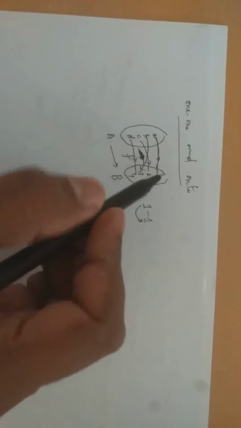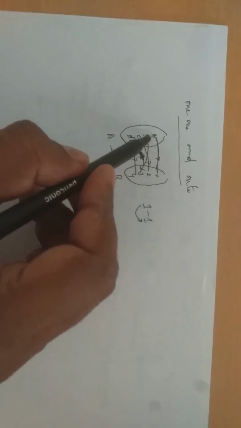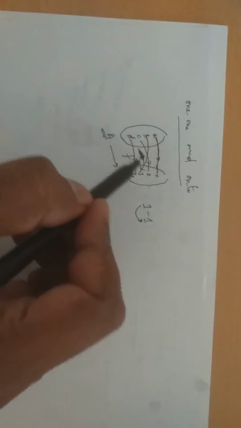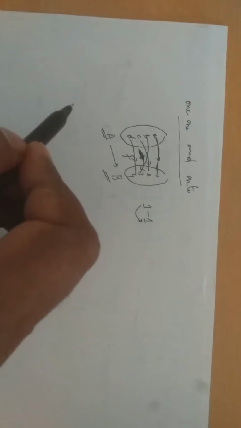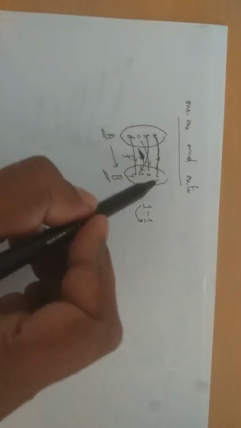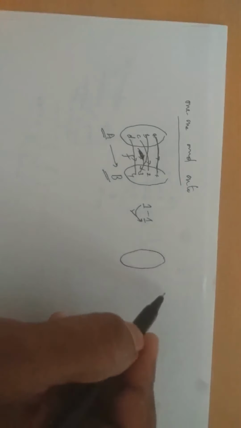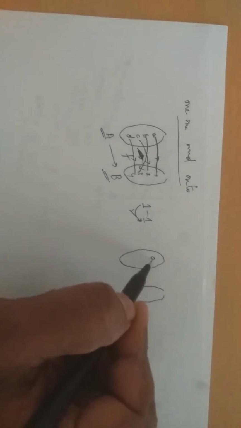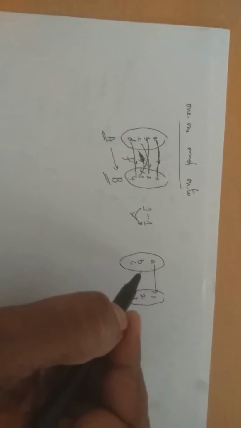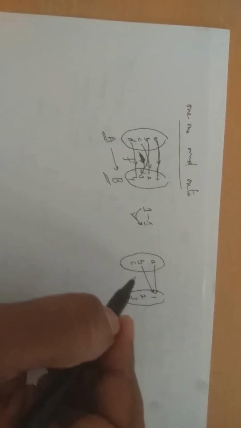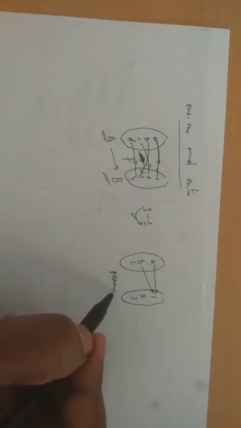So here for every fellow in this first set there is a friend in the second set, and it's 1-1, only one friend is there. So it's called a 1-1 mapping. But this is not 1-1, this is many-one.